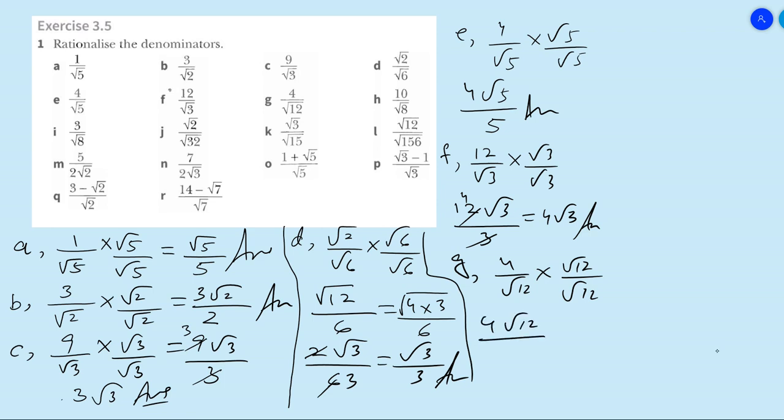Root 12 into root 12 is root 144, and root 144 is 12. 4 3s are 12, but this root 12 can be written as root 4 into 3, upon 3. The square root of 4 is 2, and inside remains 3, upon 3. This is the answer of part G, 2 root 3 upon 3. Come to part H.